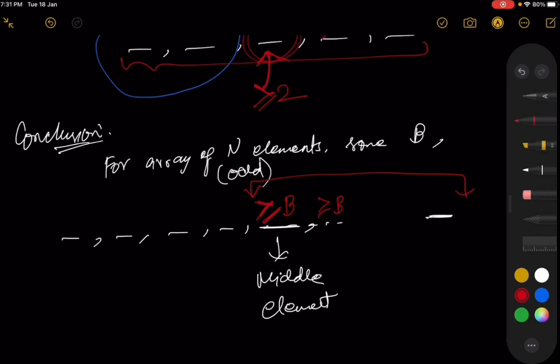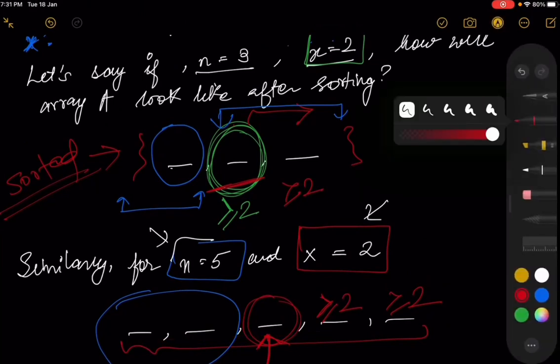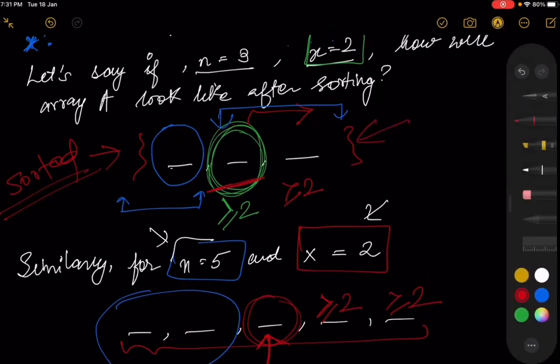Because in the example which I gave you earlier, there were two elements which had value greater than or equal to 2. And the number of elements which can be strictly lesser than 2 can be at max 1. So even in that case, 2 is greater than 1.